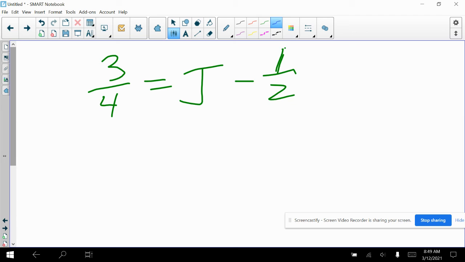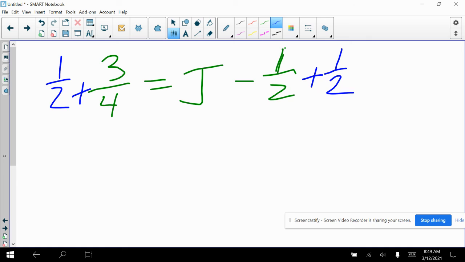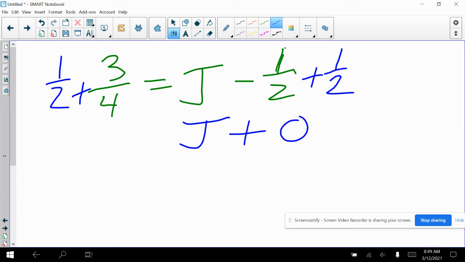So we are going to add fractions. Uh-oh. We are going to add fractions, but in the meantime, we're solving the equation. All right. So on the left, we get j plus 0, correct?